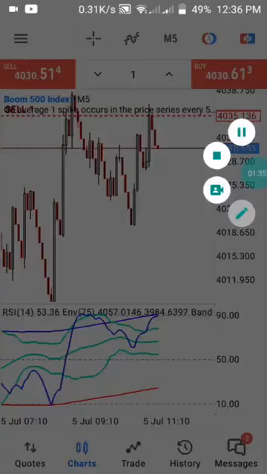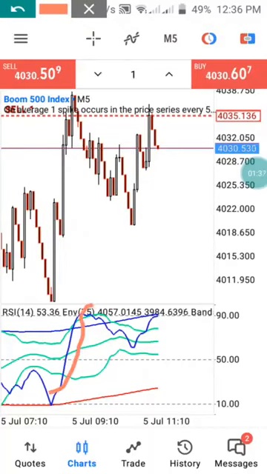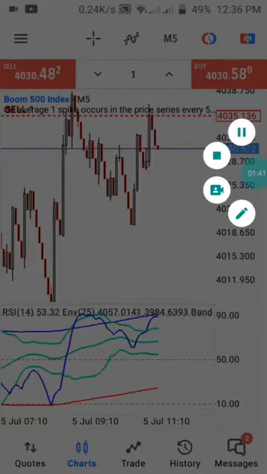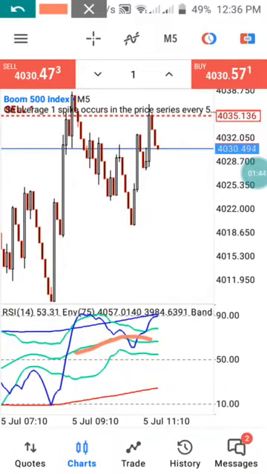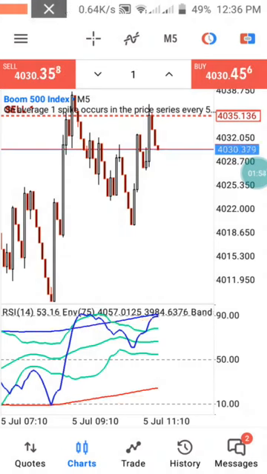The blue line that you see crossing over is our moving average, and our Bollinger Band is the three green lines moving on the screen. And we have our envelope on the two parallel lines moving above and below the indicator window.